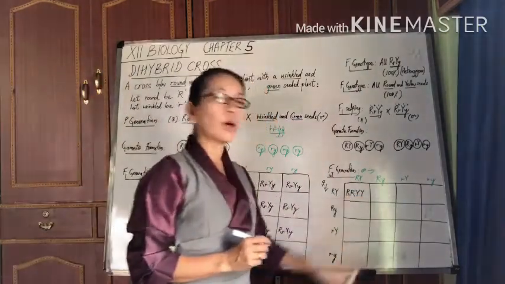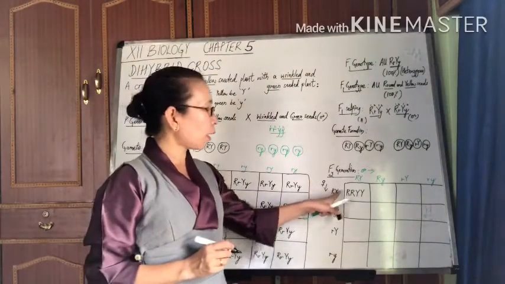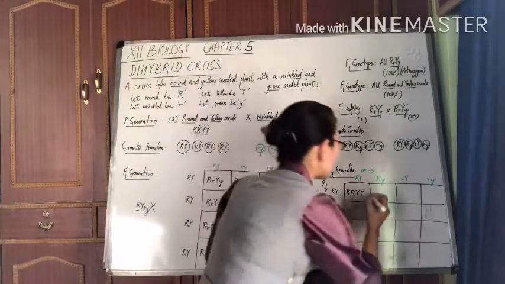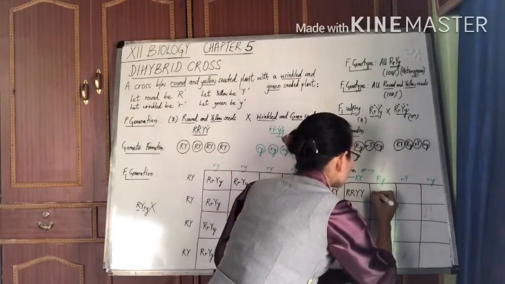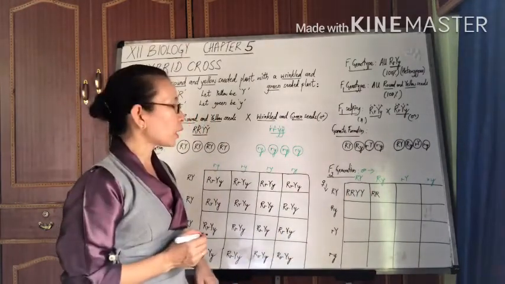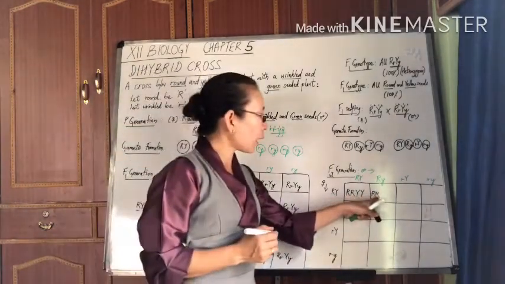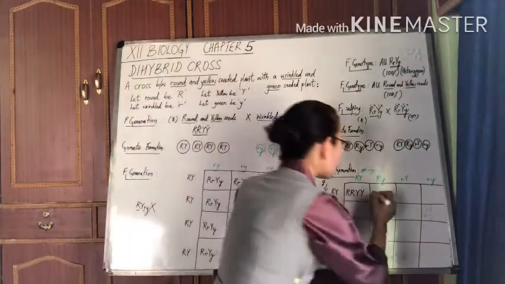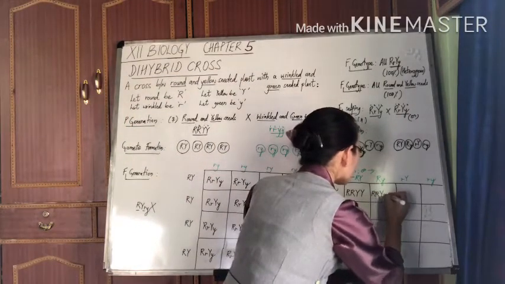Then the second combination. Let's do it more systematically so that we don't make any mistake while noting down the combinations. So capital R, capital R. Next we have capital Y and small y.